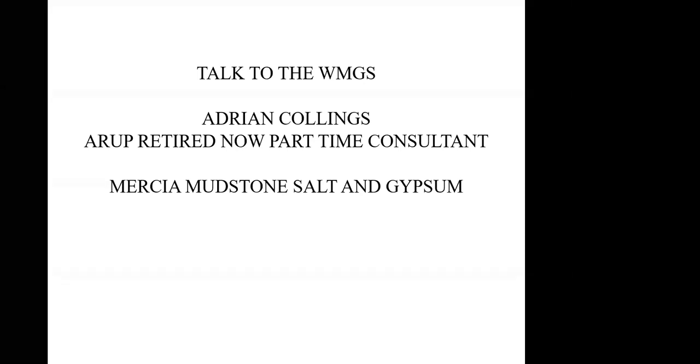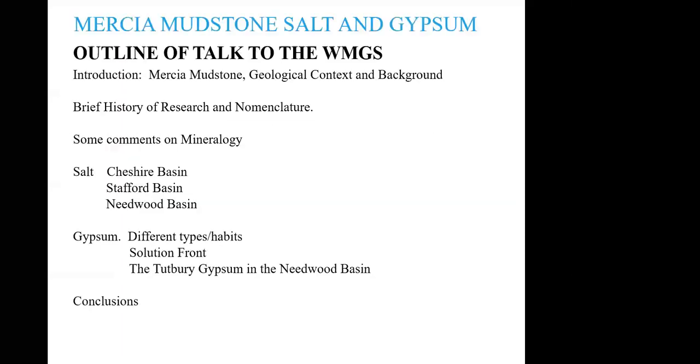So this is the outline of the talk I'm going to give this evening. I'm going to give an introduction on geological context and background, and a brief history of research and nomenclature. I'm not going to say very much about that.